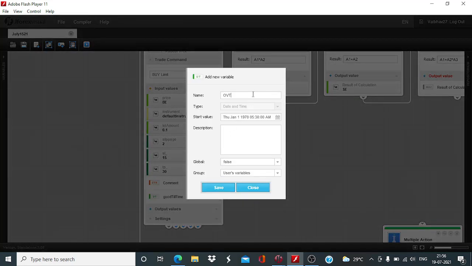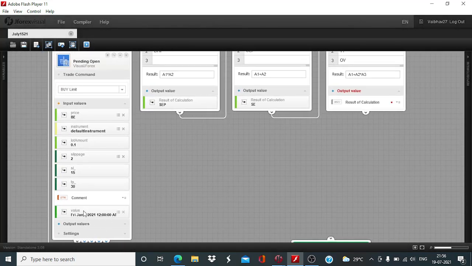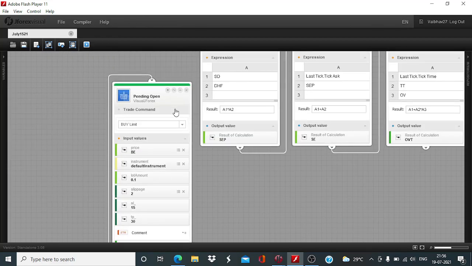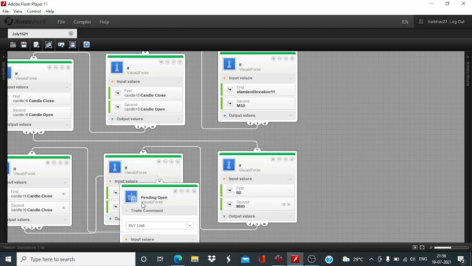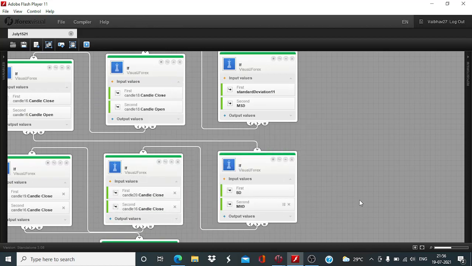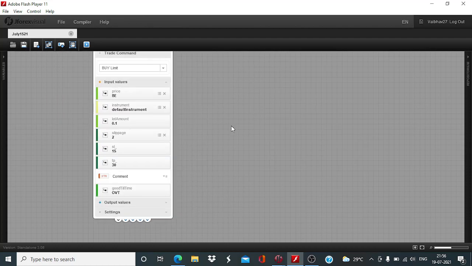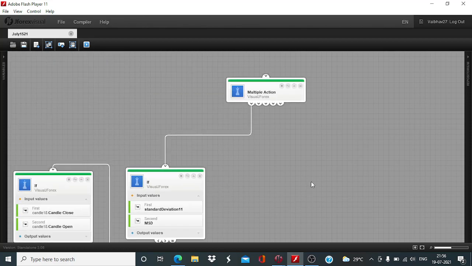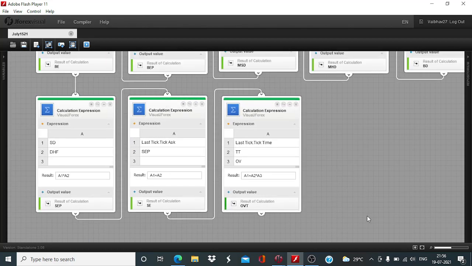I will name it OVT, and its value will be derived from this calculation. Okay, so now the buy side is complete. In last session, I had said that we will complete it next time around. So now today we have completed it with adding of this variable.